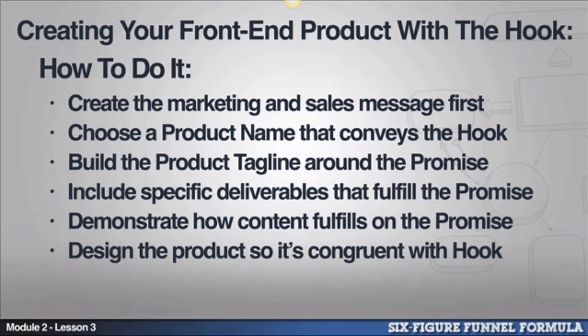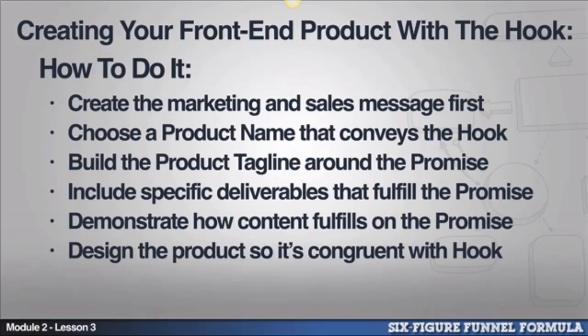And then finally, you want to design the product so that it's congruent with the hook. And what I mean by that is the look and feel of the product needs to be congruent with the hook. So if part of your hook is that it's underground, it's secret, it's behind the scenes guerrilla stuff, so to speak, well, then you want to design the product so it's got that underground guerrilla look and feel.